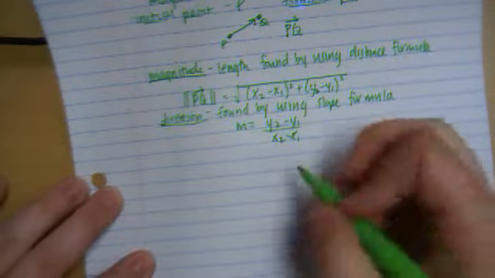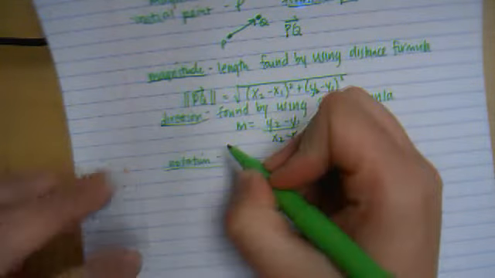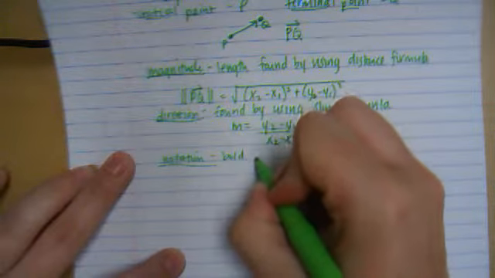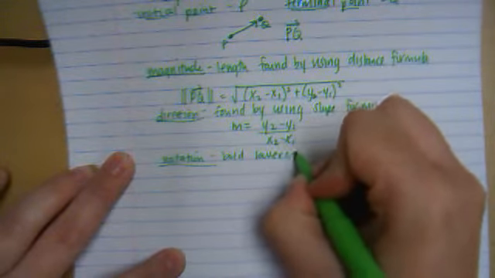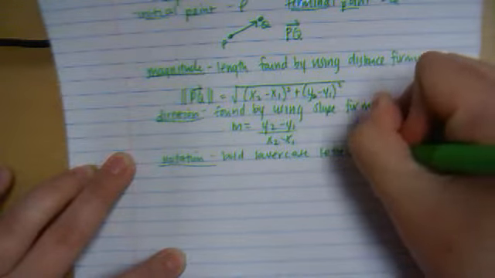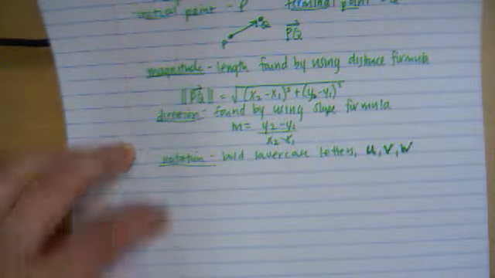Now the notation that we're going to be using, that's in your book as well, is bold lowercase letters. And usually they're U, V, and W. So they're just bold.